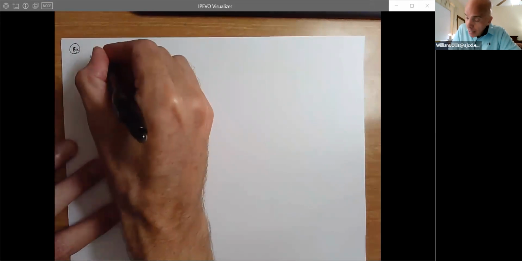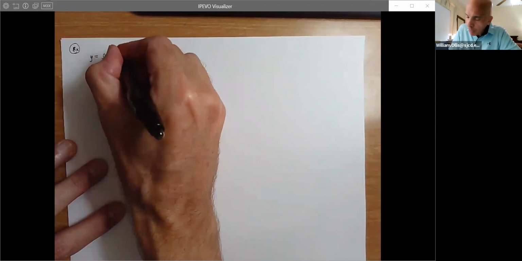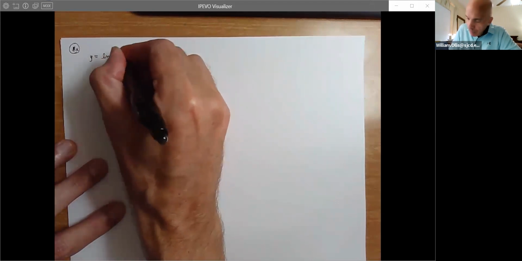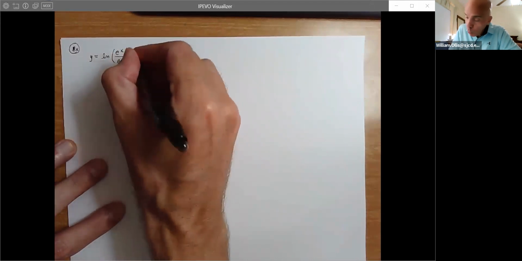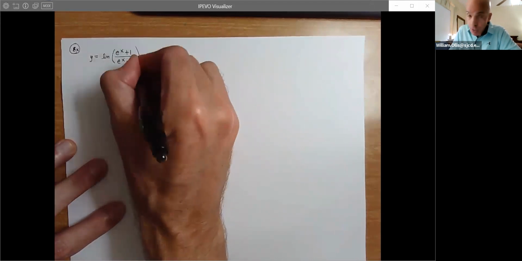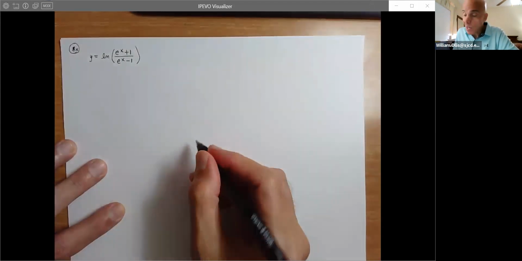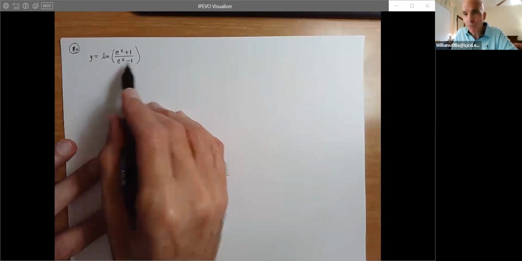So we have y equals the natural log. Now this is going to remind you of the hyperbolic functions, so we may say a little bit about that. You can use any kind of mathematics you want to solve a problem as long as it's consistent with the problem. So here is another interesting function.